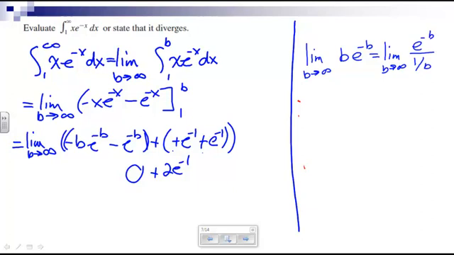Oh, could we just do it as b to the negative 1? Could we just do it as e to the b? Is that okay? b is going to infinity and now the bottom is going to infinity?